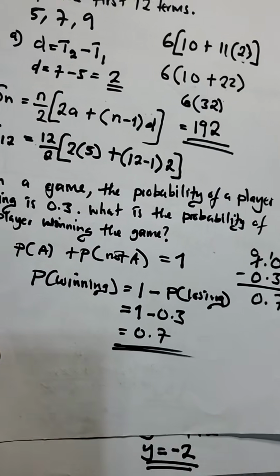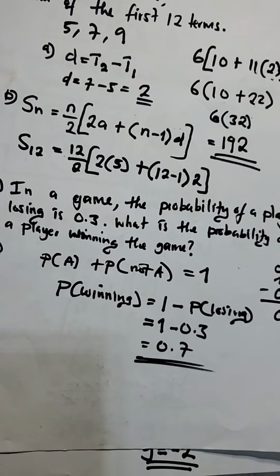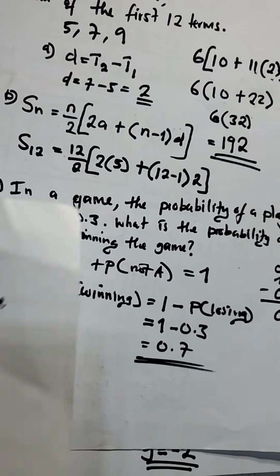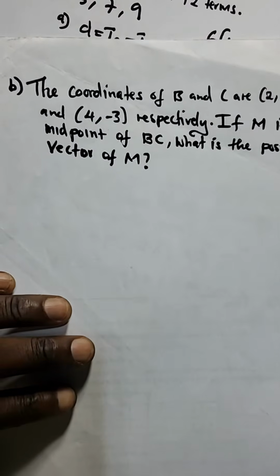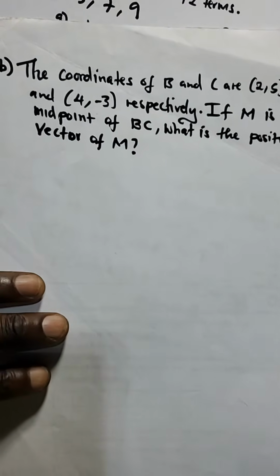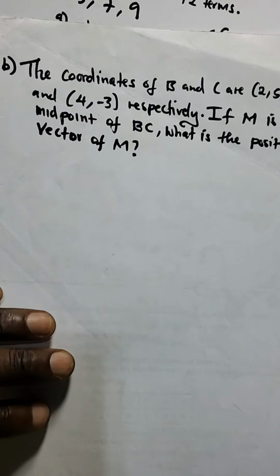Okay, let's go to 8b. We still have one more question. Remember, you're supposed to answer 8 questions in this question paper. So we have one more question here. This question 8b is under coordinate geometry, and it's saying the coordinates of B and C are (2, 5) and (4, -3) respectively.